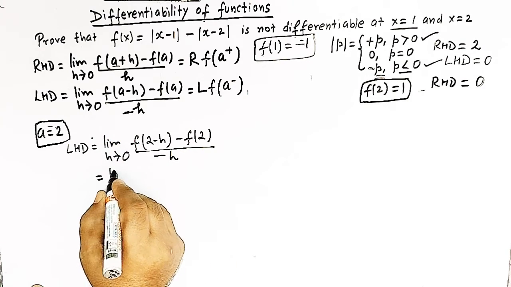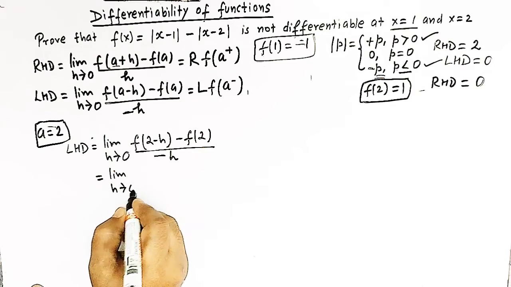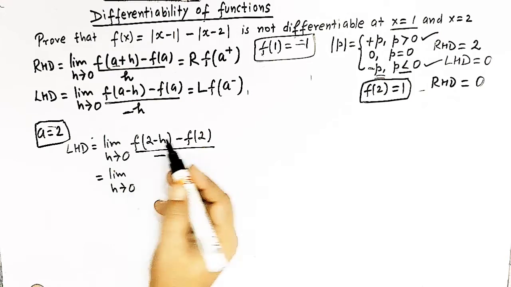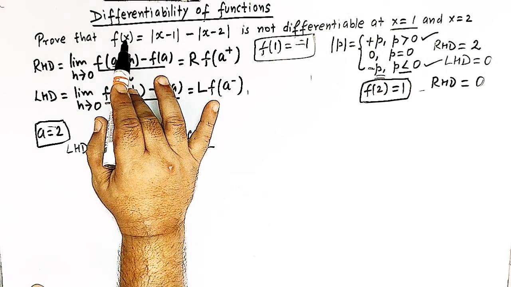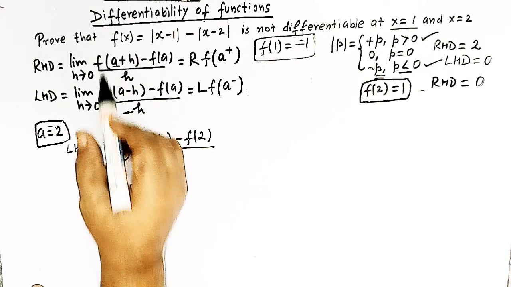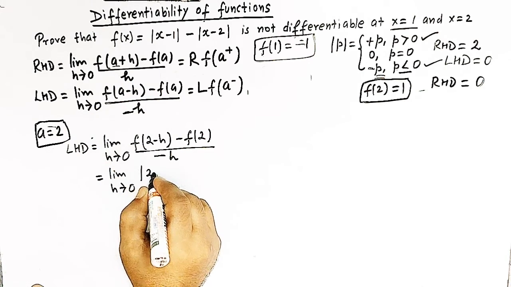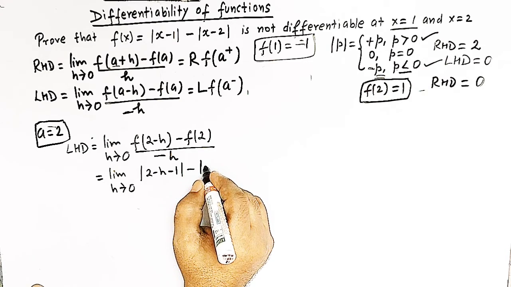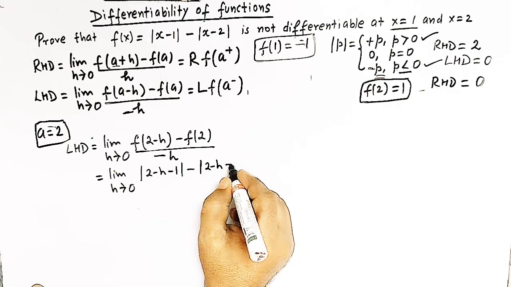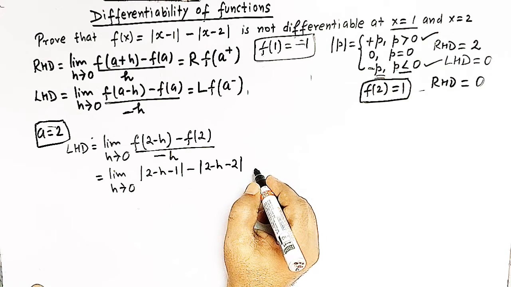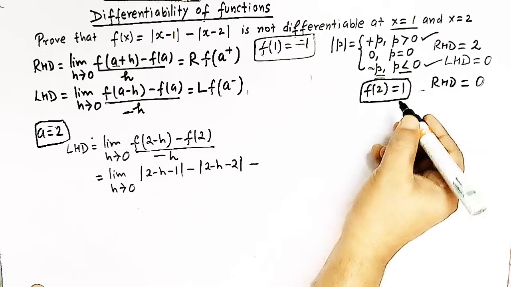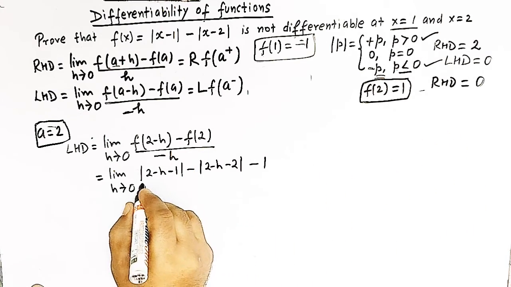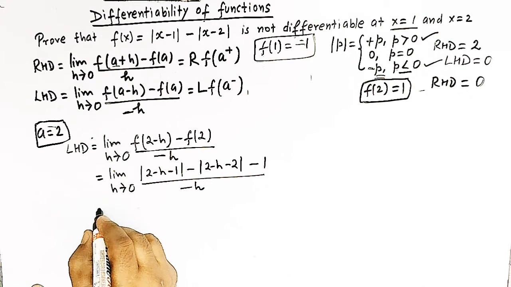And we can now write limit h tends to 0. f of 2 minus h can be obtained by replacing x by 2 minus h. So we have mod of 2 minus h minus 1, and then mod of 2 minus h minus 2, and here we have f of 2 that is equal to 1, and here we have minus h.